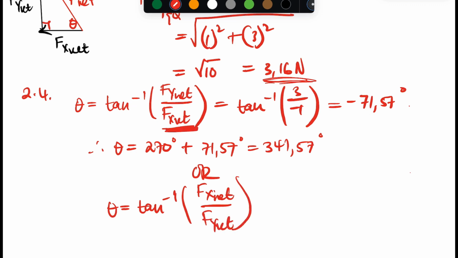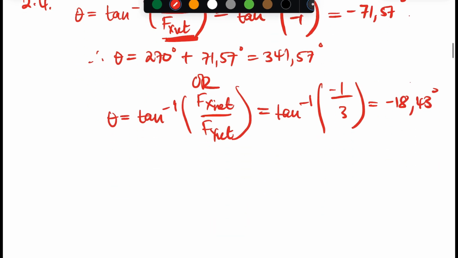Basically, it's the reciprocal of that. So it will be negative 1 over positive 3, and the answer for that will be negative 18.43 degrees.